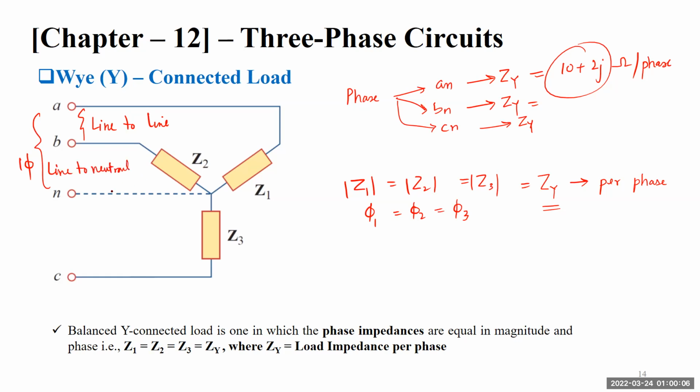This line to neutral is the phase in case of a Y connected load or a Y connected source, both. So the phase is generally between line and neutral, and line to line is a different case.